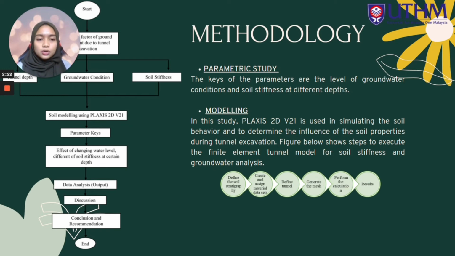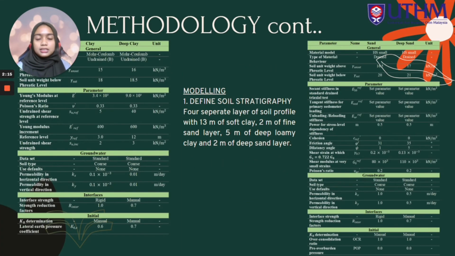So the figure below shows the steps to execute the finite element tunnel analysis for soil stiffness and groundwater. First, I will start by defining the soil stratigraphy. I will separate a 4-layer soil profile with 13 meters of soft clay, 2 meters of fine sand layer, 5 meters depth of loamy, and 2 meters of sand layer.